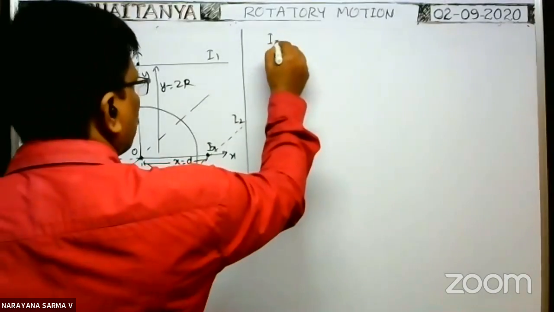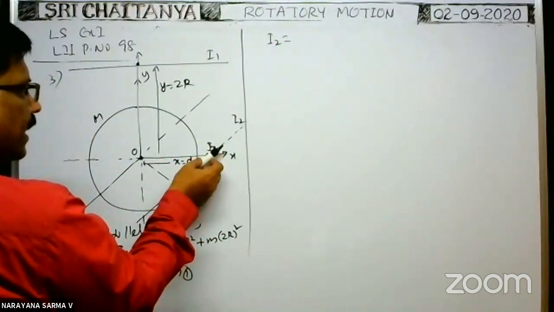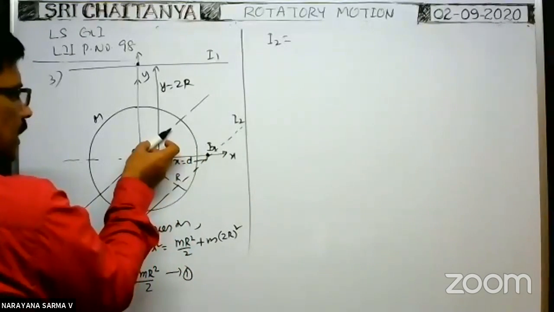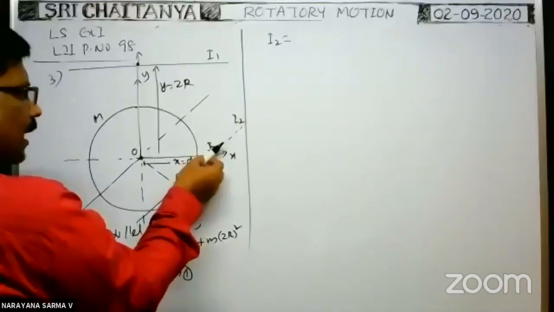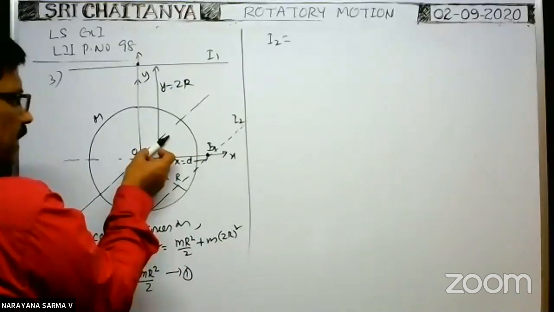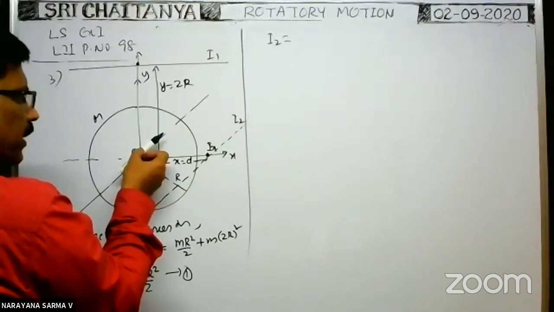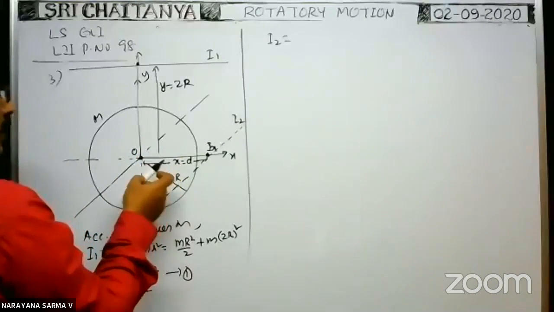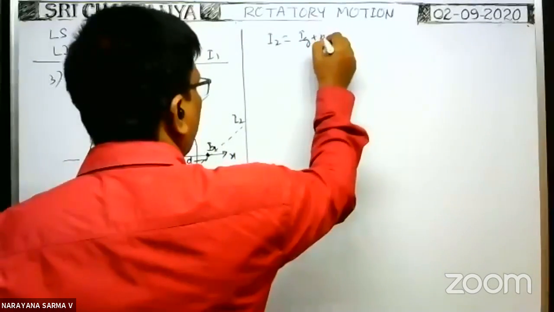So how can we write I2? Parallel to this axis, passing through the center of mass of the ring, that is the natural axis of the ring, and about that axis we know the moment of inertia. So we can apply the parallel axis theorem here also. According to the parallel axis theorem, Iz plus m r square is the general formula.